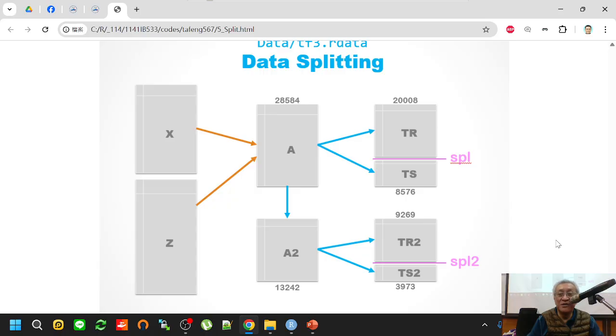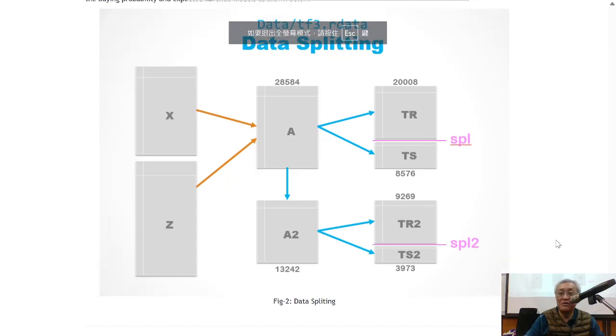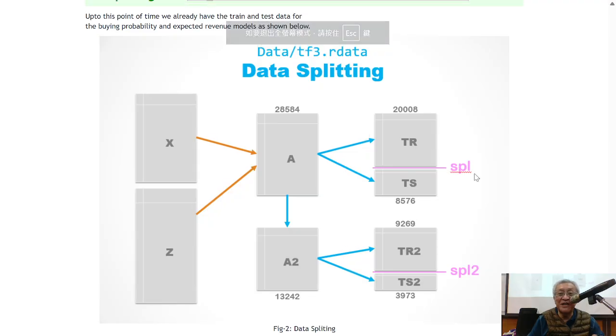Now, this is basically the data splitting process, okay? Up to this point, X, Z, and A are basically, sorry, this is the item, this is the transaction. And then we aggregate them into A, right?